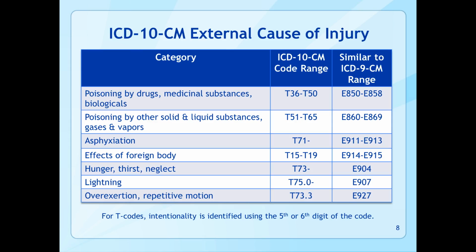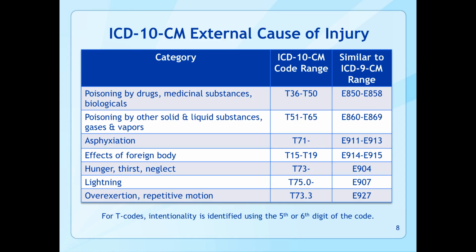So this last slide in this series highlights those external causes that I mentioned that are now covered using T codes. And the T codes are found in Chapter 19, the chapter on injury diagnoses, rather than Chapter 20, the chapter on external causes. And for some of these T codes, the intentionality of the event is important. For example, whether a person was injured from an accidental asphyxiation or from a suicide attempt or from an assault.